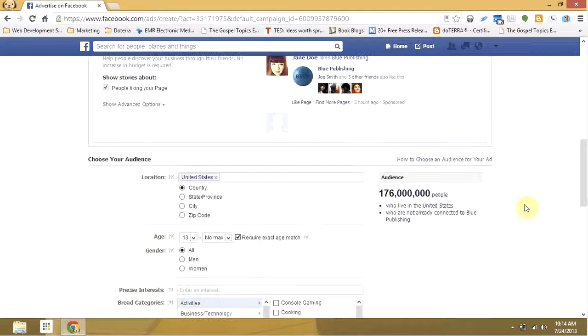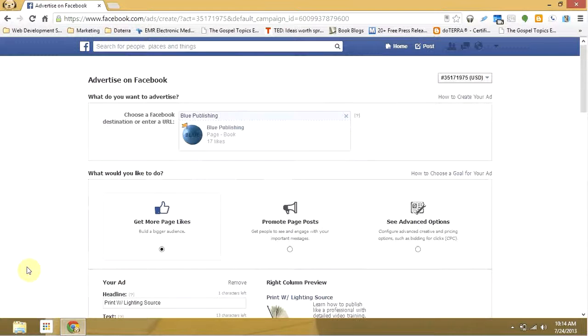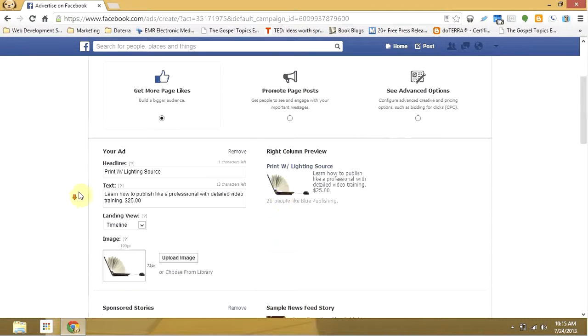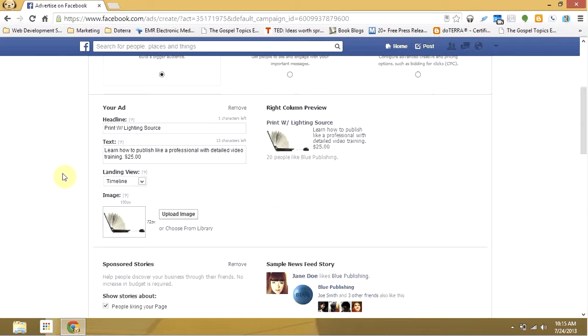Now we have a little bit of a dilemma that we've got to think about here. So right now we're having people go to Blue's Facebook page. And because this is such a specifically targeted ad, we've got to make sure that there is an article on Blue's Facebook page that would attract the people from Lightning Source.